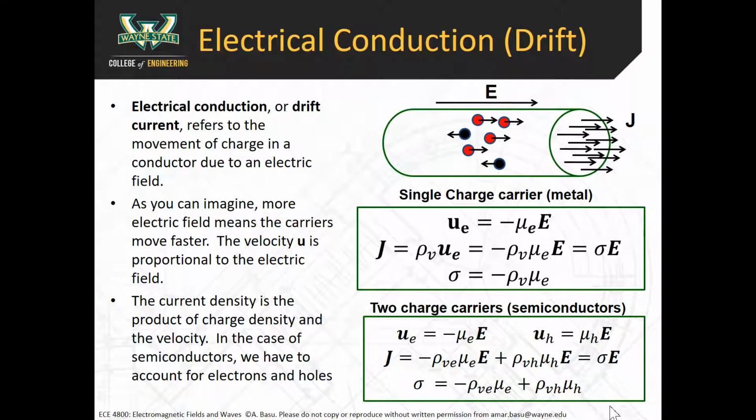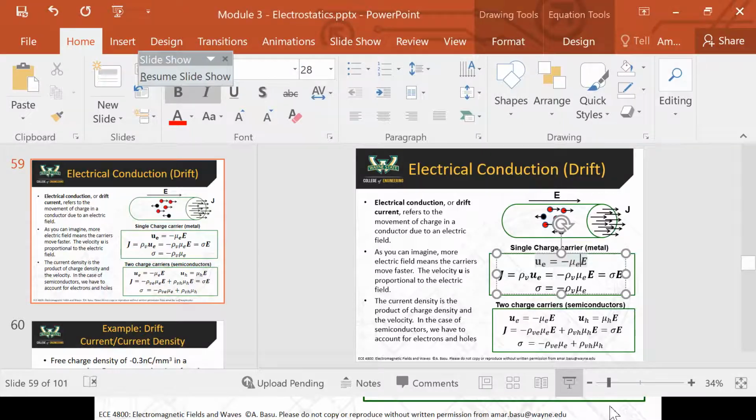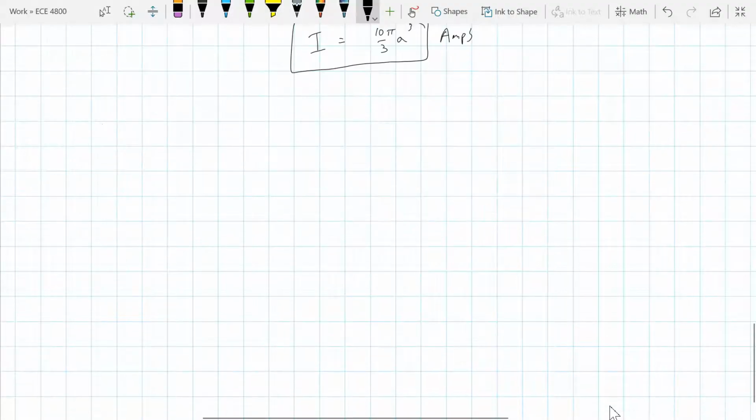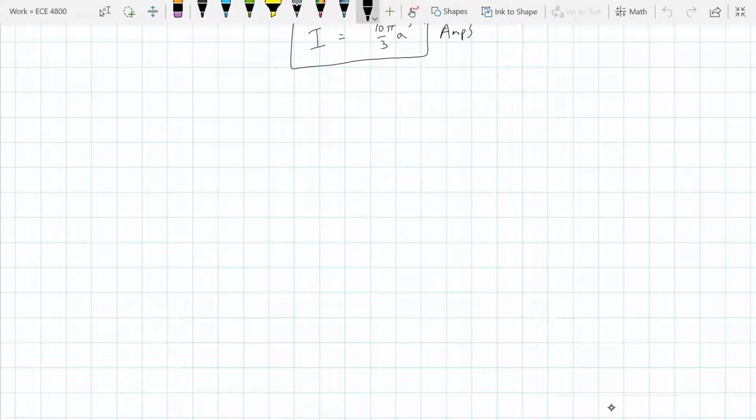In fact, just to make sure we all get that, let me just put it out on the OneNote here. J, the current density, is equal to rho v times u, the velocity. So this is the velocity at which the charges are moving, given in meters per second.